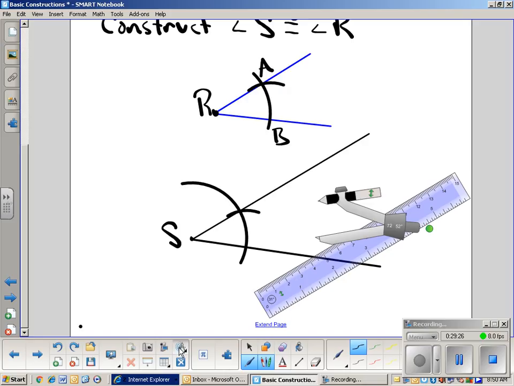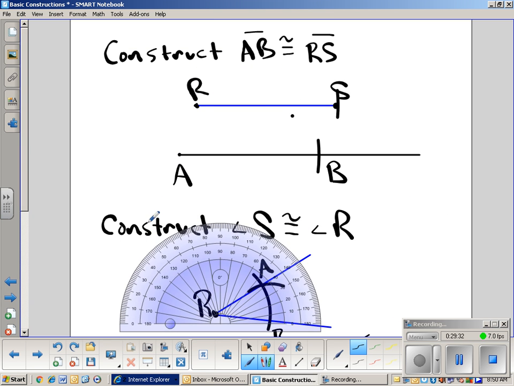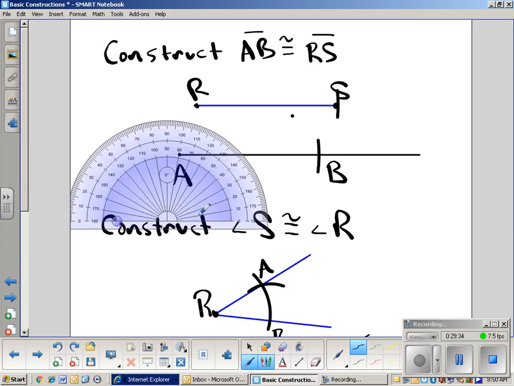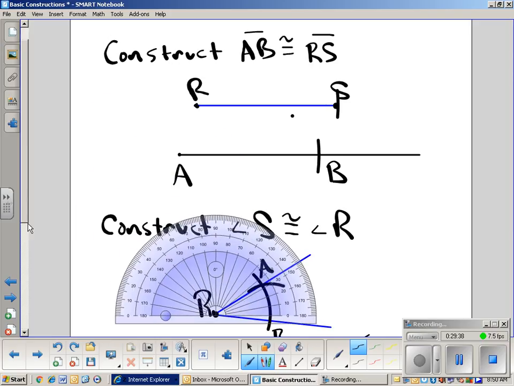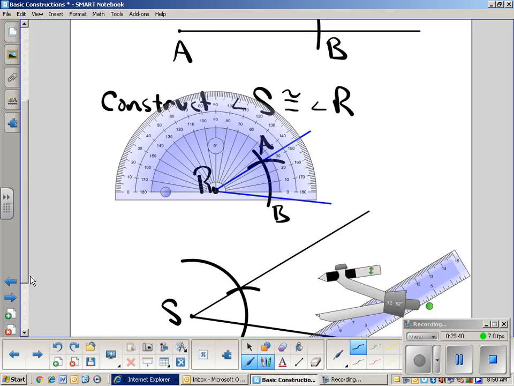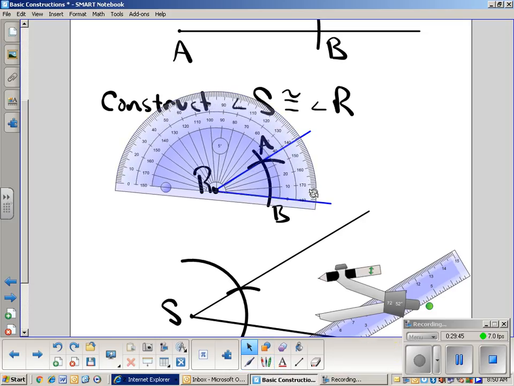If I took my protractor out and measured, I get, looks like, about 38 and a half.